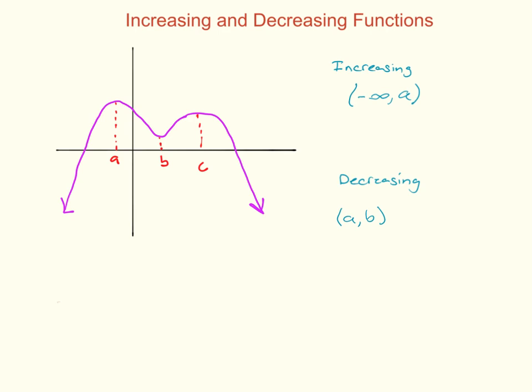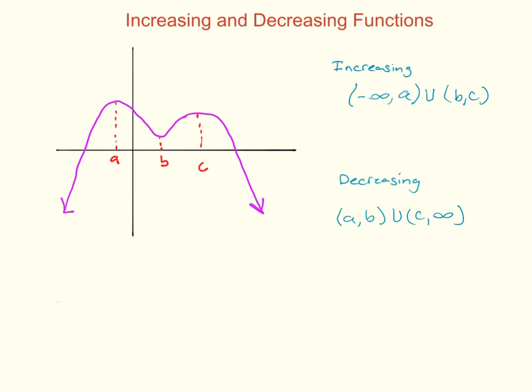So this is also increasing, so I'll do a union here with the interval from b to c. And then from c to positive infinity, it is decreasing, so it's going to be union c to infinity.